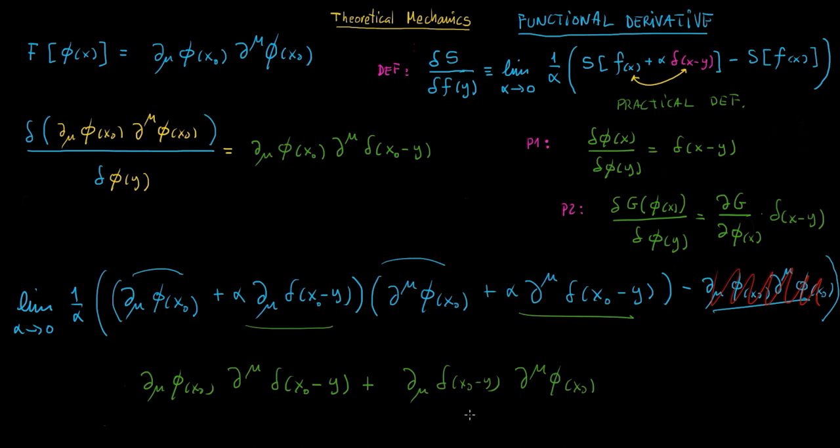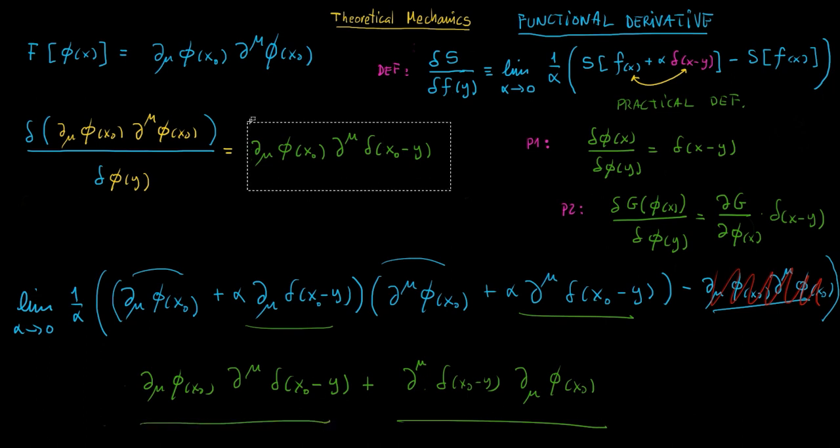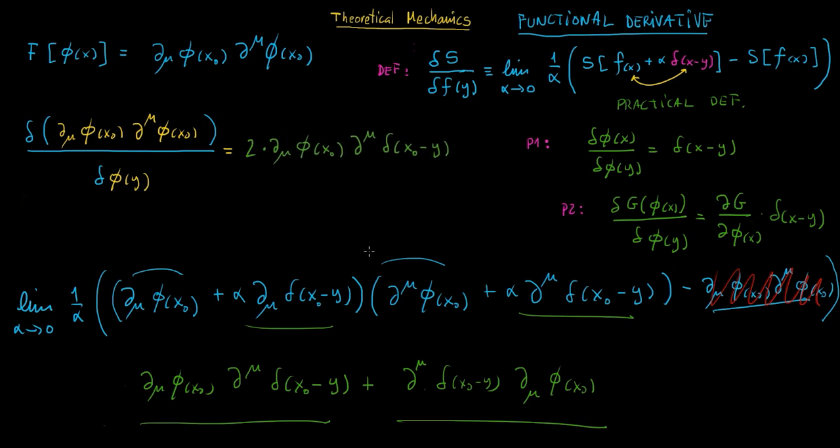And if you look at this, as Santi told you, it's the same, this contraction and this other contraction, putting the index upstairs and index downstairs is the same thing. So this is the same thing as this. So we will have a factor 2 multiplying.